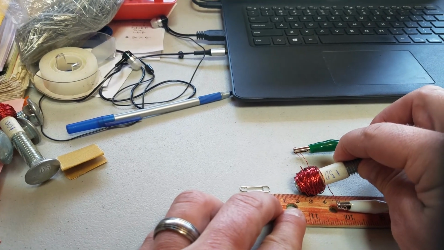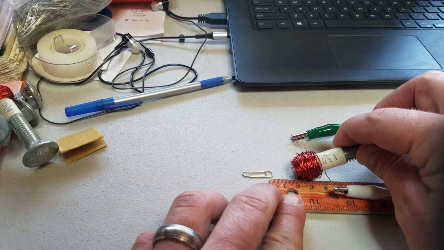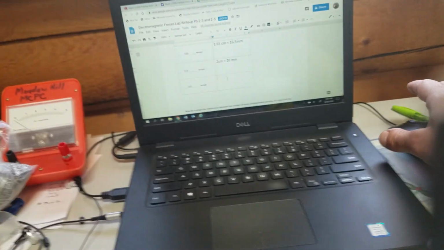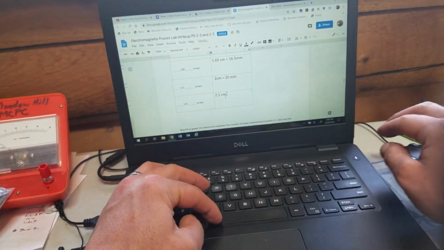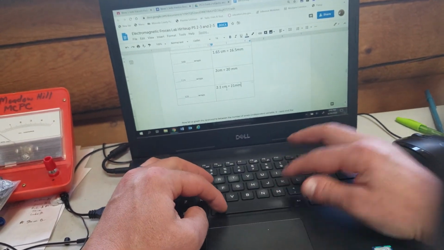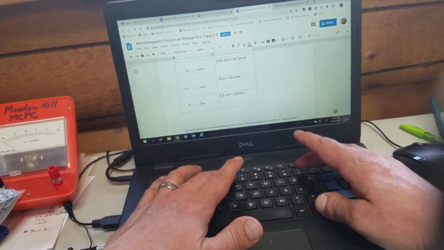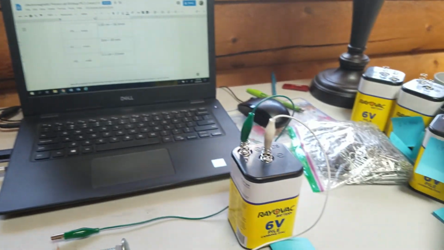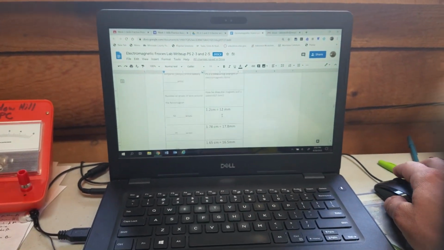Definitely losing some on the battery, I think. Turn the angle back, about 2.1. So I'm just going to put that one at about 2.1. 2.1 centimeters equals 21 millimeters. That's the 150. All right, so I will include a graph of all of this data for each of these.